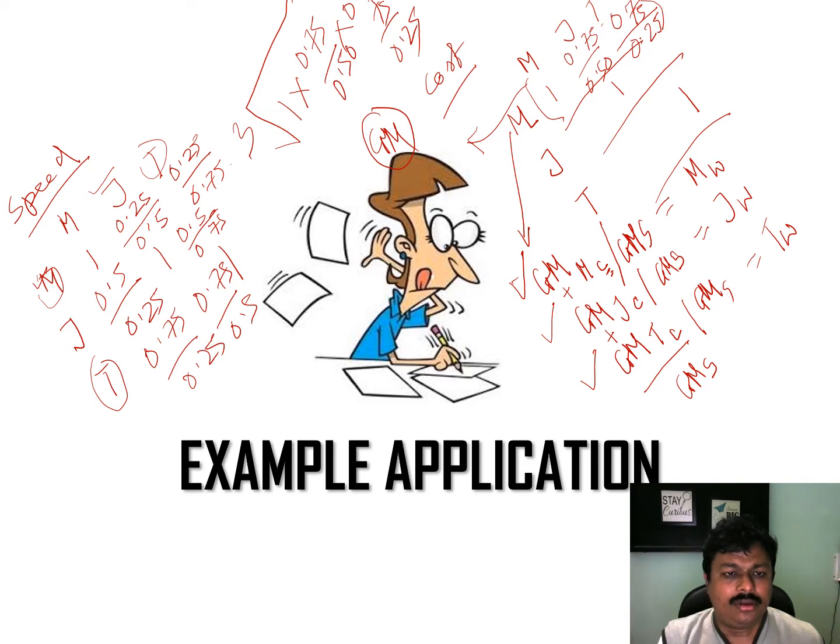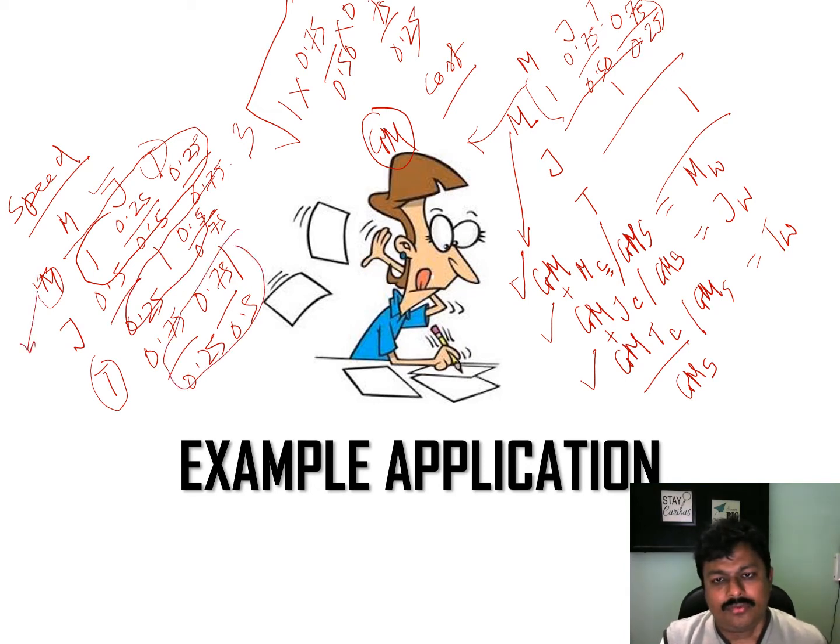Now here also you have to find the geometric mean of each of the rows. To find the geometric mean of Maruti with respect to speed, of Jaguar with respect to speed, and of Toyota with respect to speed.